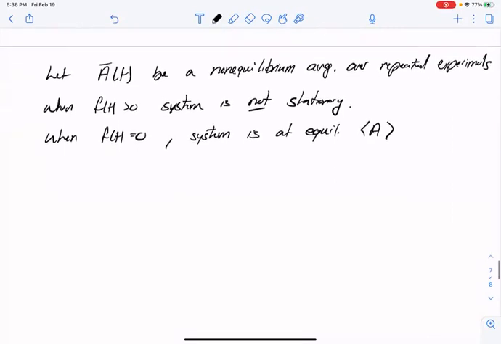So let's now ask the question, what happens to the evolution of this observable A as a function of time subsequent to turning on this time-dependent force, where it will generate a non-stationarity, an explicit time dependence?